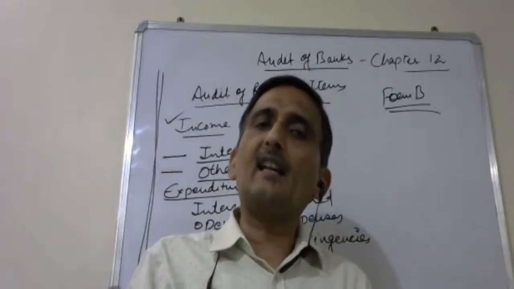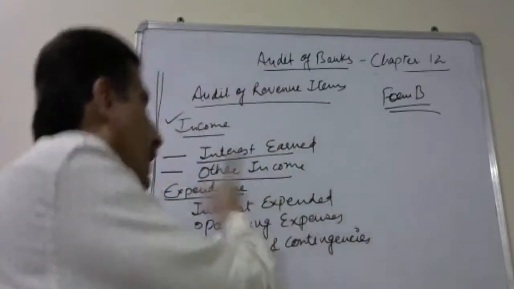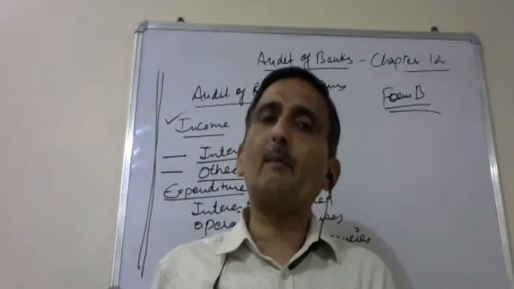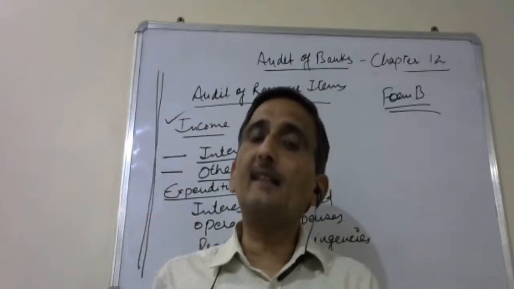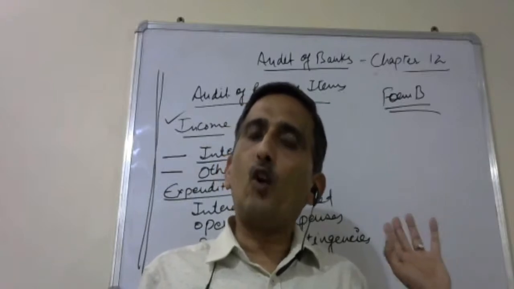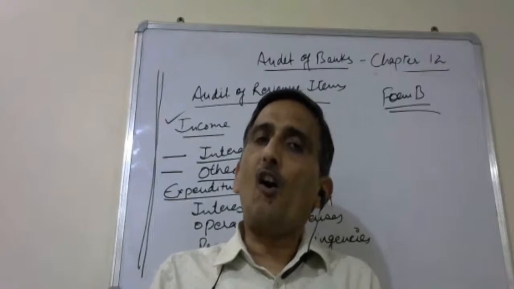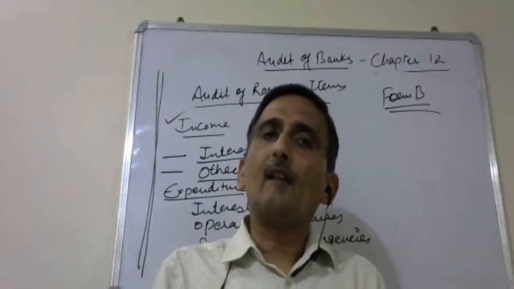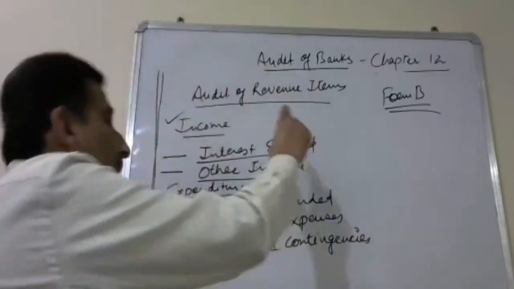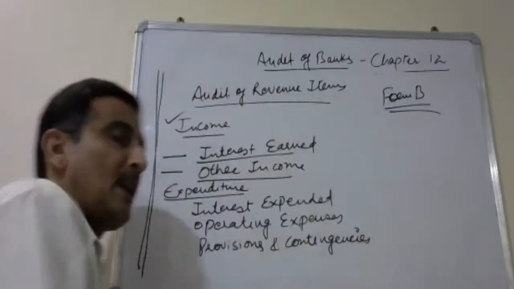So you have to remember five to seven main heads of other income, and what the auditor should bear in mind while auditing income under this head, the special considerations which apply.